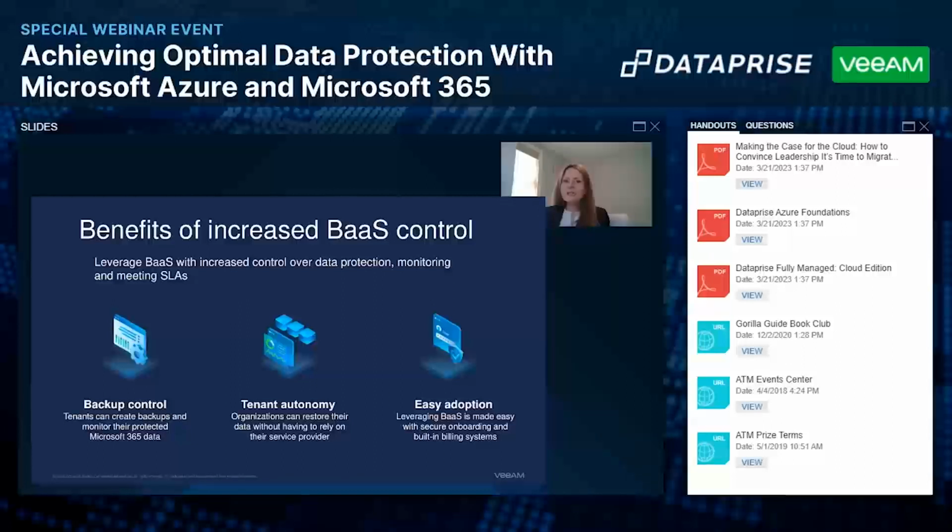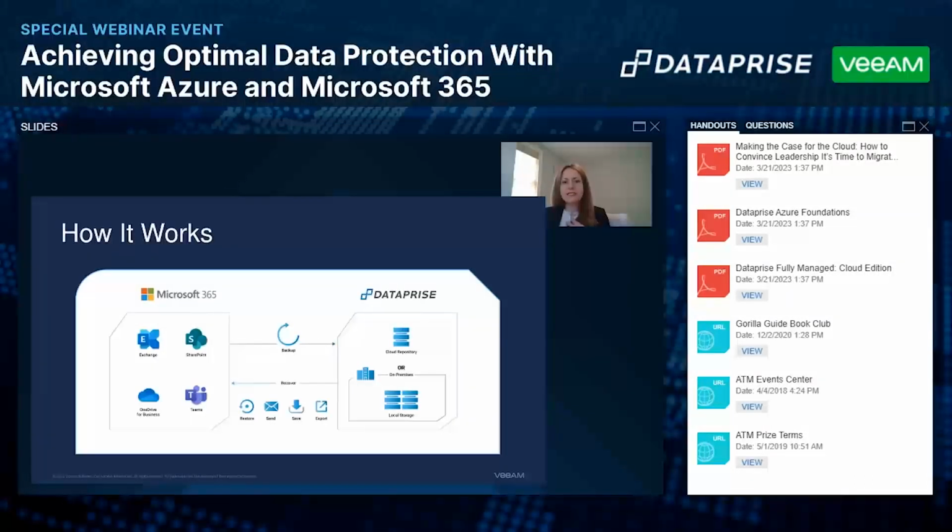And then that's the perfect segue just to sort of visualize how Dataprise, as an example, delivers this service to our clients and taking that data from that Microsoft 365 environment, using Veeam's technology to send it into the cloud repository, and then having it available to easily recover and restore should any of those scenarios that we previously touched on occur. Greg, anything you want to add here?